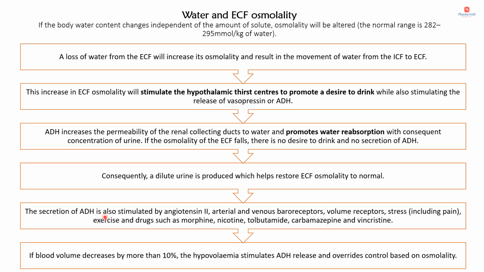The secretion of ADH is also stimulated by angiotensin II, arterial and venous baroreceptors, volume receptors, stress, including pain, exercise and drugs such as morphine, nicotine, tolbutamide, carbamazepine and vincristine. If blood volume decreases by more than 10%, the hypovolemia stimulates ADH release and overrides control based on osmolality.